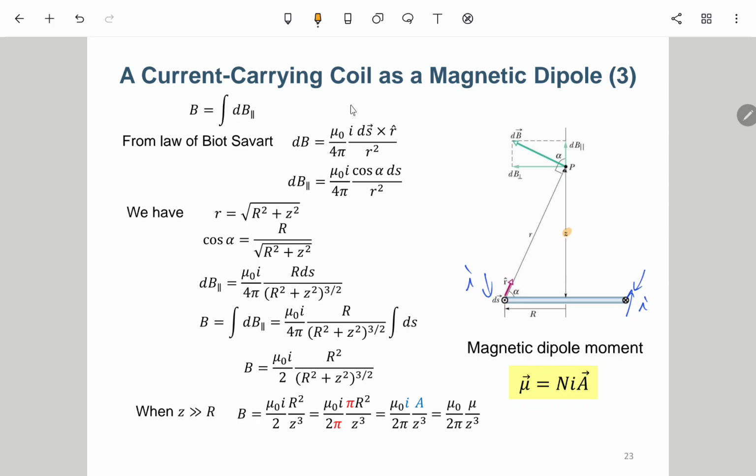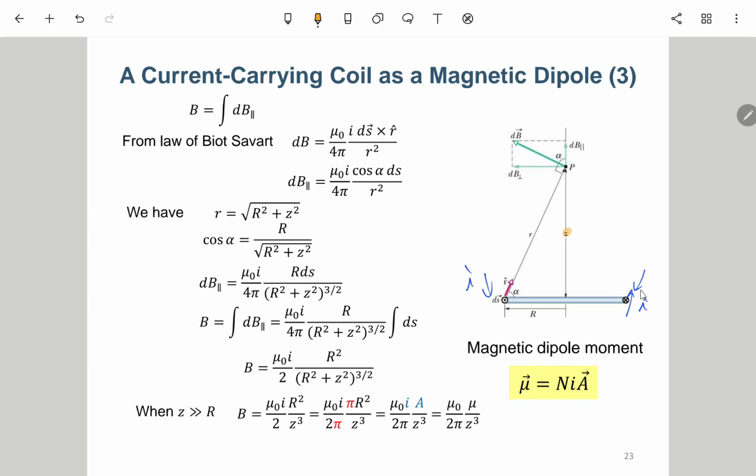But actually in the Biot-Savart law, what we have is this r, or this r hat. The r hat points from ds to the point we are concerned with. So r hat points to this side, and ds cross r hat gives, with your thumb, pointing to the top left. So the dB generated at point P by this segment is like this.